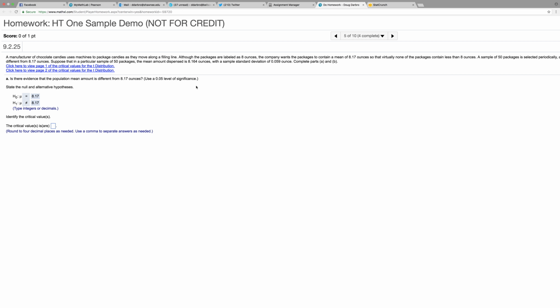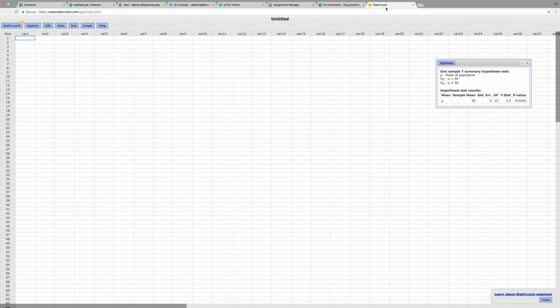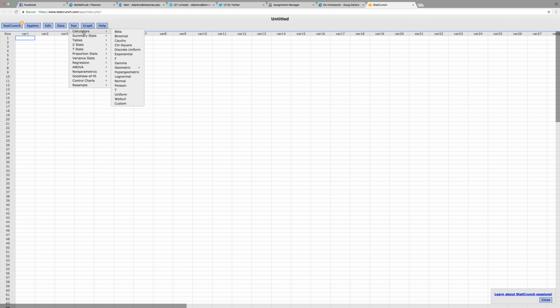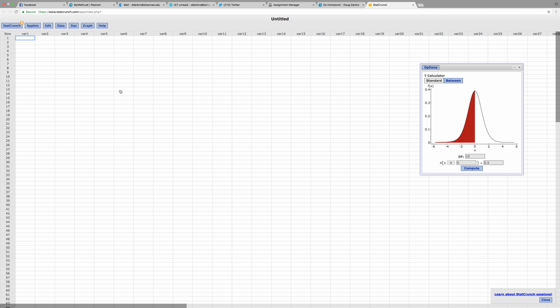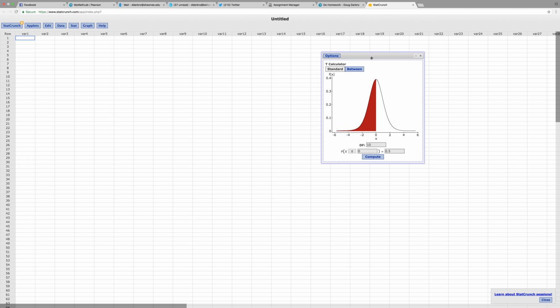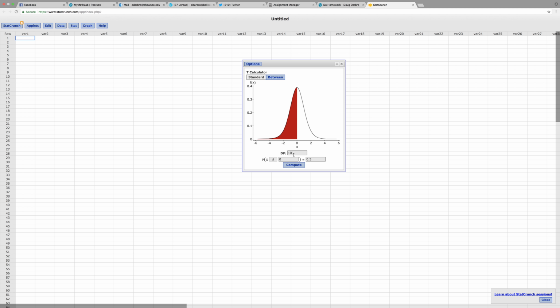What a kind of goofy place to put it. All right, so we need 4 places. So degrees of freedom 49, and I want my lower tail to be 0.025. So I have negative 2.010.